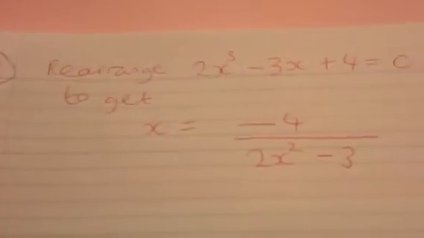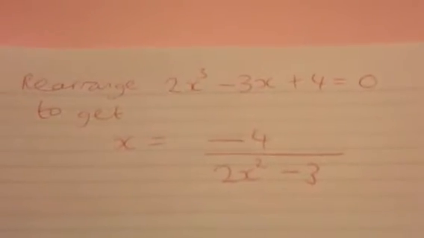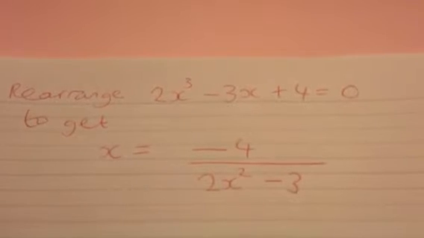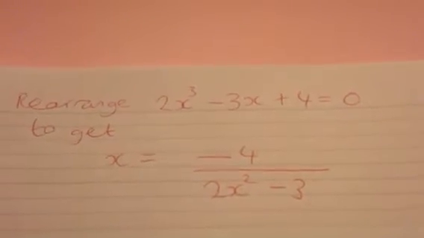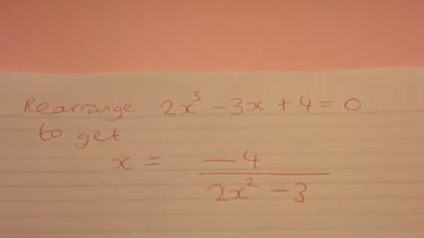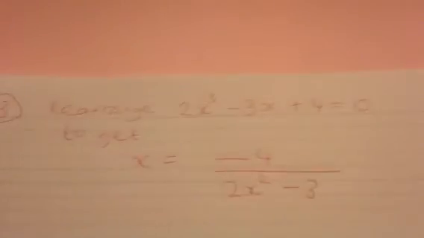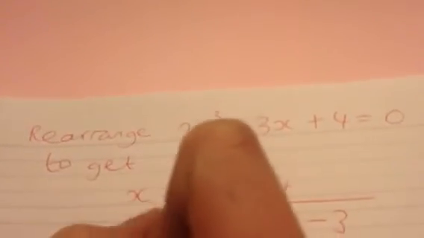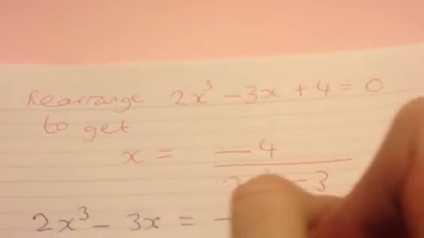Right, going to number 3 now. Rearranging 2x cubed minus 3x add 4 equals nothing to get x equals minus 4 over 2x squared minus 3. So I'm looking at the question and looking at the answer, and I can see in the question I've got cubed, but in the answer I've got squared. Now, I've got a minus 4 in the answer, so what I'm going to do first of all is rearrange to get the minus 4 on the other side, and then that might give us an idea or two.